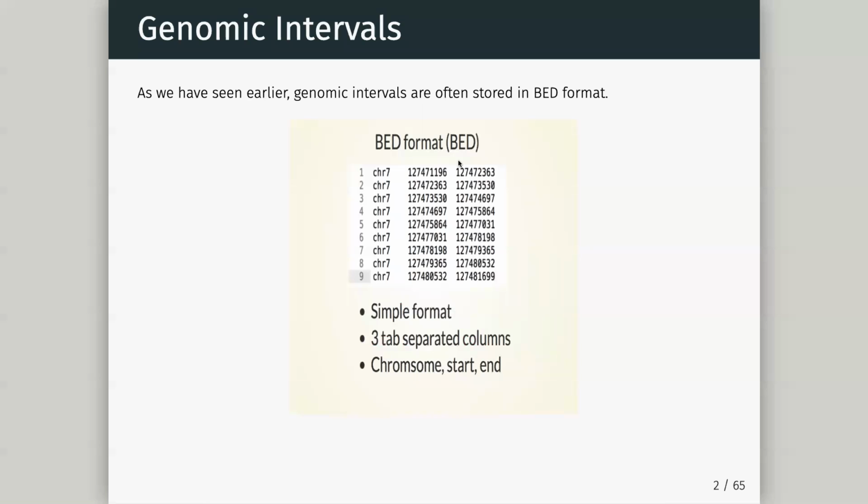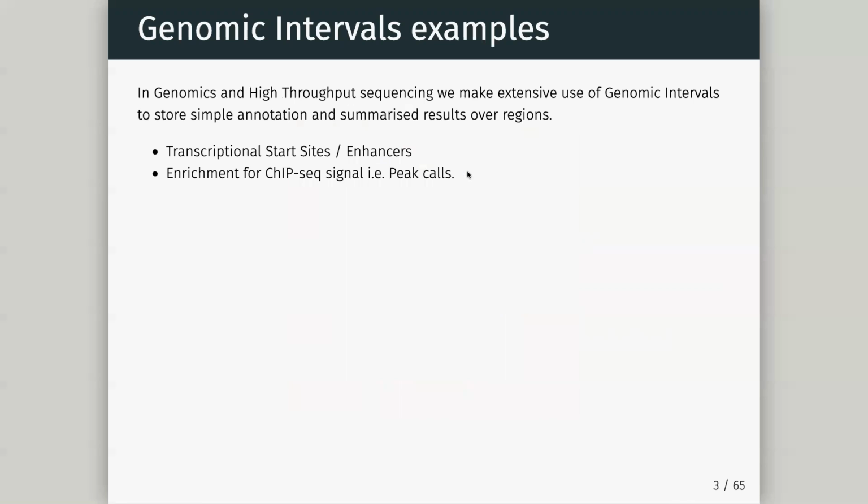And that's really an interesting concept we're going to start coming across, the idea of a range. This isn't just one number and a second number, it's the data in between, the space in between. So in genomics and high-throughput sequencing, we're going to make extensive use of genomic intervals, and with just those, you can already make some really nice discoveries. We use it to store simple annotation, summarized results over regions.